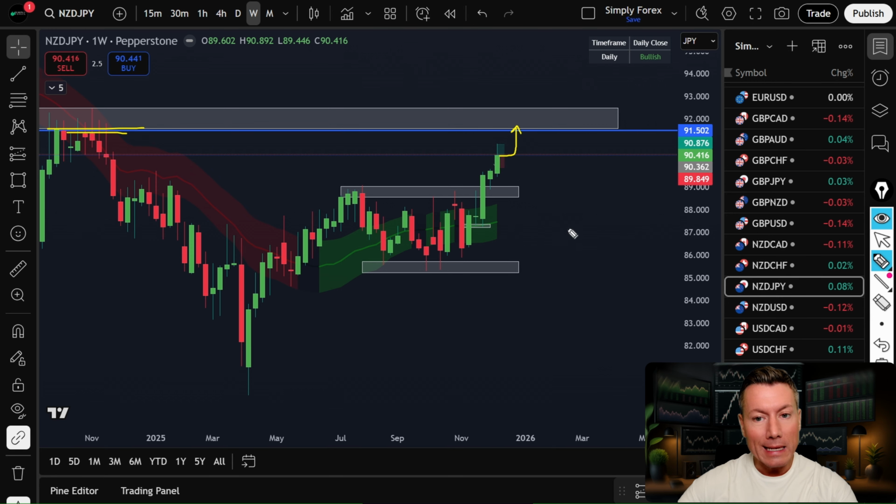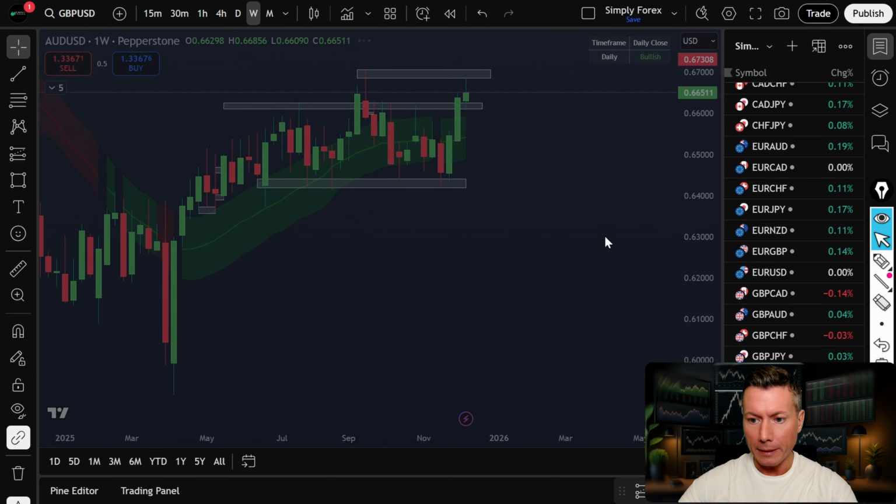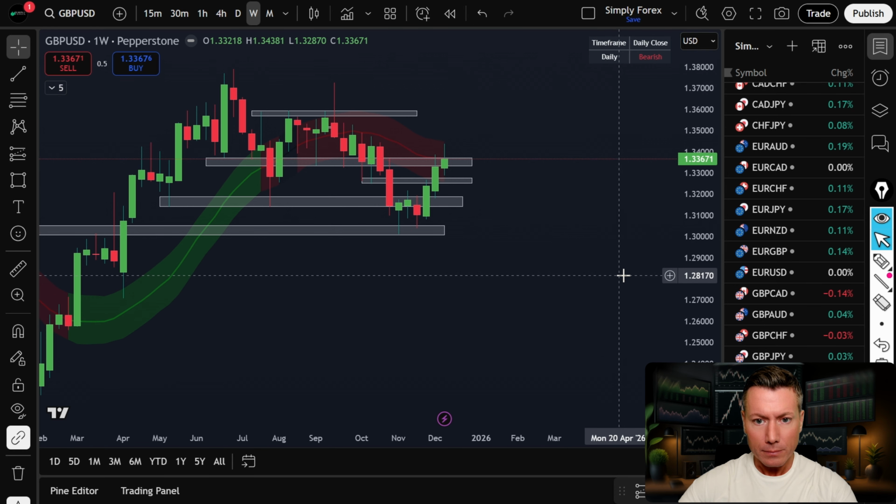It's the same with a different US dollar pair, pound US dollar. If we looked at the weekly, you would be like, Tom, this is looking like a pretty good level to start selling, and I would agree. Whereas if we go to the day chart, dollar's weak and we're in an uptrend.